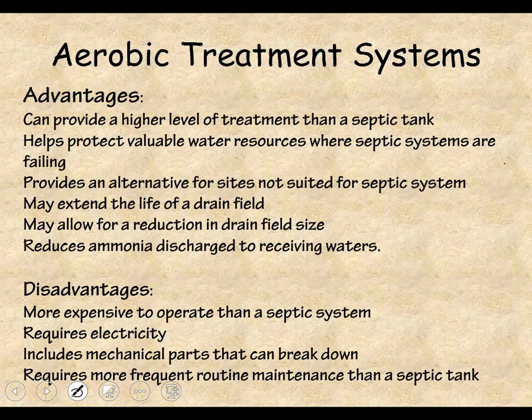You can have a smaller area, but the disadvantage is that they're expensive, they require electricity and a lot of maintenance, and the other thing is they can smell. You can sometimes smell an area that's being sprinkled with this wastewater.